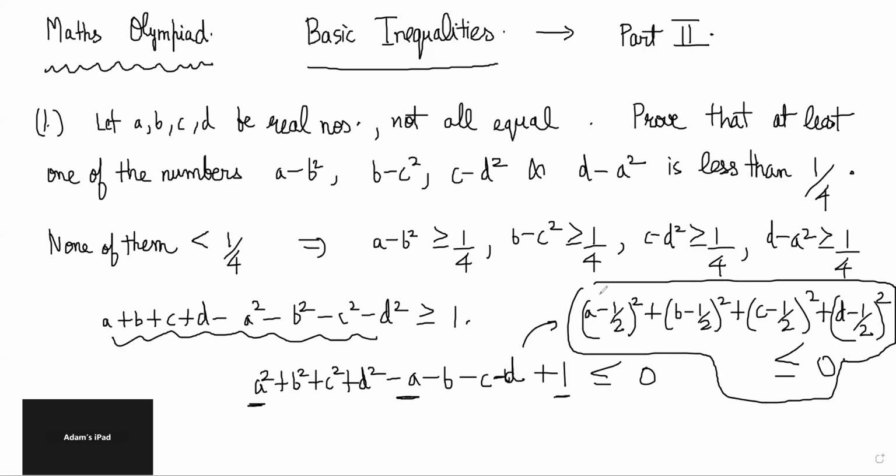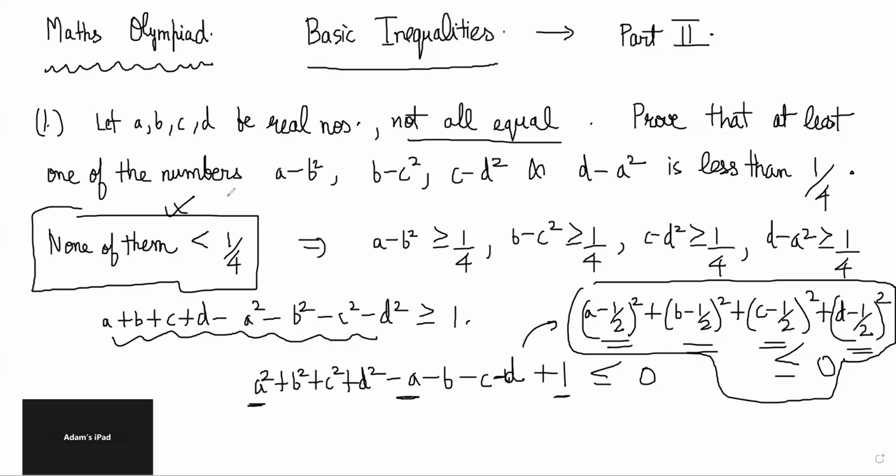The only way it is possible is if all of them are equal to half. But the question said that they are not all equal. So this is a contradiction, and our initial assumption is incorrect, which means that at least one of them must be less than 1 by 4. That is the proof for this one.